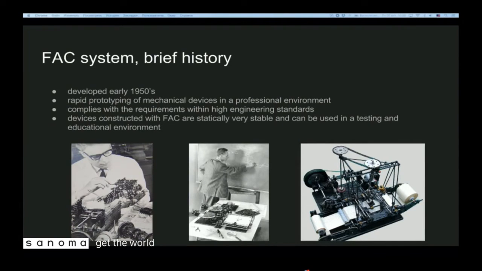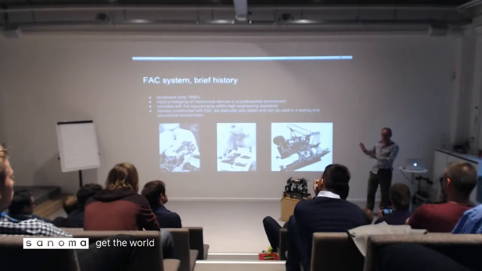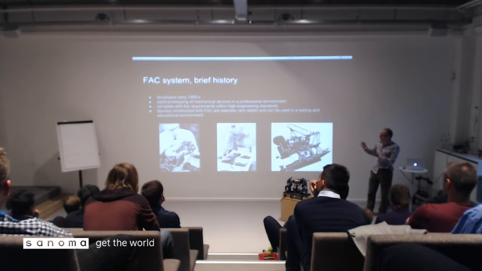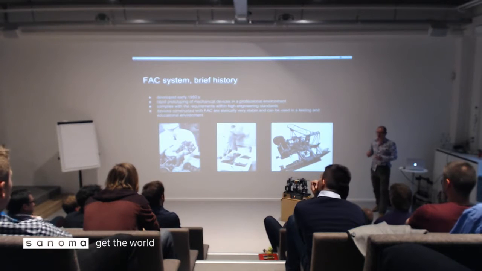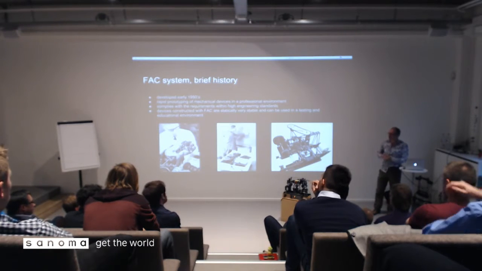And in the middle, you can see a picture of a differential analyzer to make equations. And on the left side, you see a preliminary design of a printing press. But this was all a long time ago, of course. One of the advantages of the FAC system is that it's statically very stable.